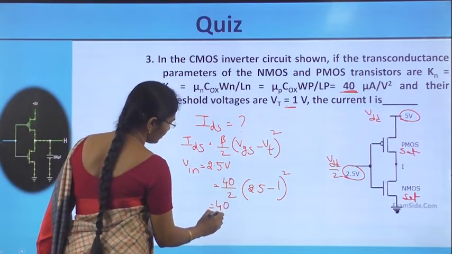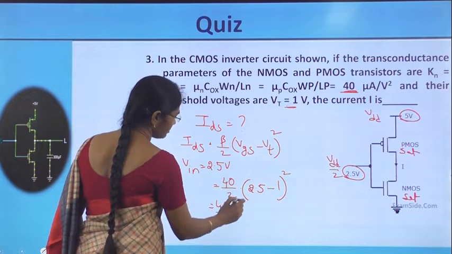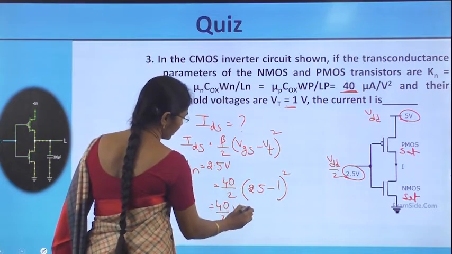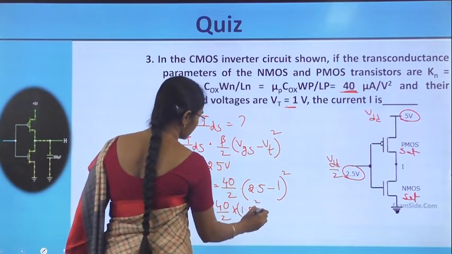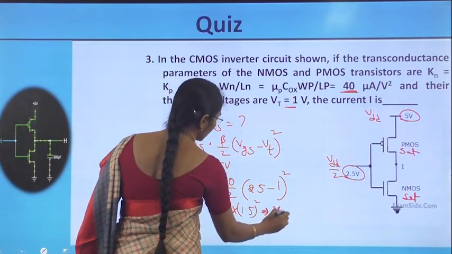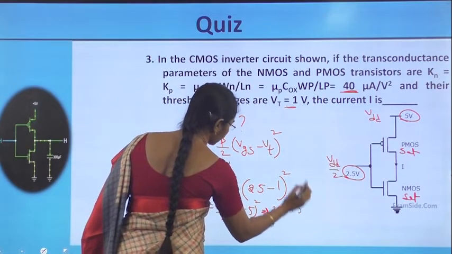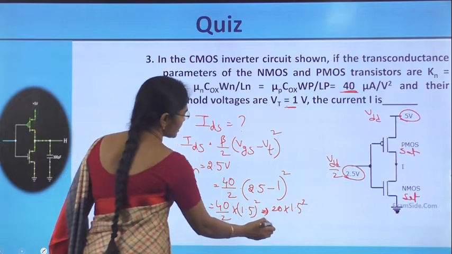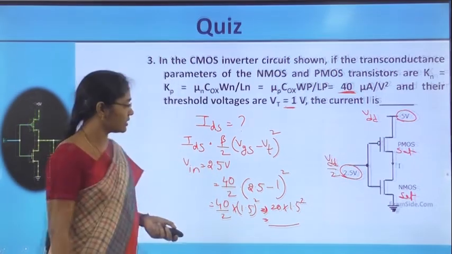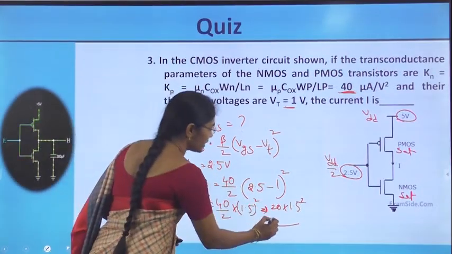So 40 by 2 is 20 into 2.5 minus 1, that is 1.5, 1.5 square. So 20 into 1.5 square.